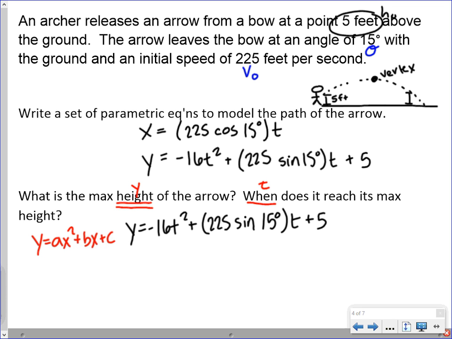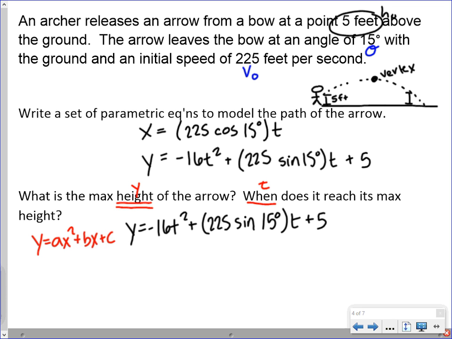What does the quadratic formula find? It finds x, and Jordan is saying in the parametrics it would be solving for t, so it's really t equals now, right? But what t is it finding?